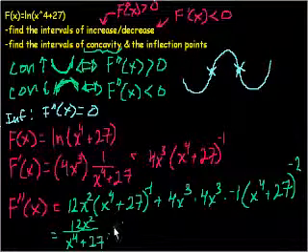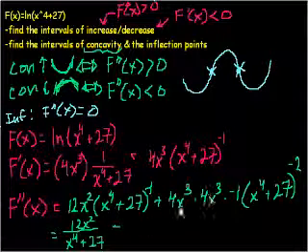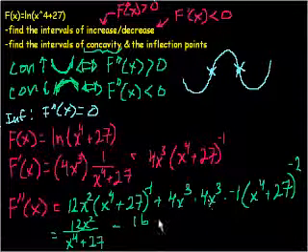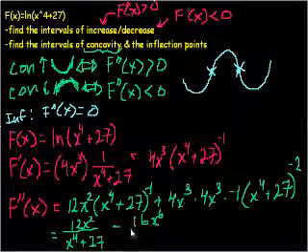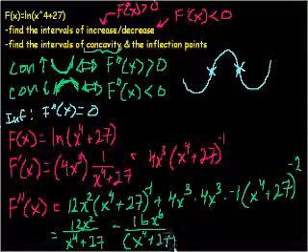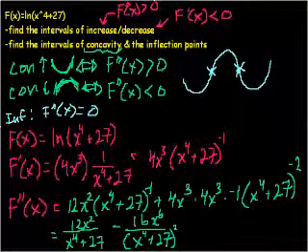So minus, let's see, 4 times 4 is 16, and these are multiplying x to the third, x to the third, x to the sixth, minus 16x to the sixth over all of that. Man, this is messy. Over x to the fourth plus 27 squared.